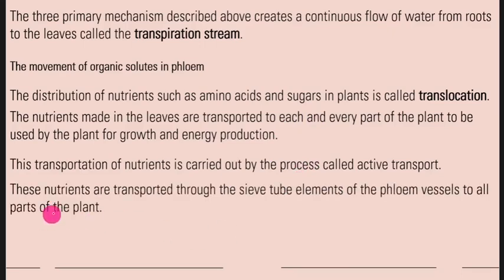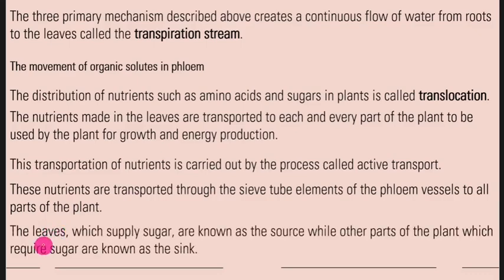All right, so these nutrients are transported through the sieve tube elements of the phloem vessels to all parts of the plant. So these amino acids and sugars get transported through what are called sieve tube elements of the phloem tubes to all parts of the plant.